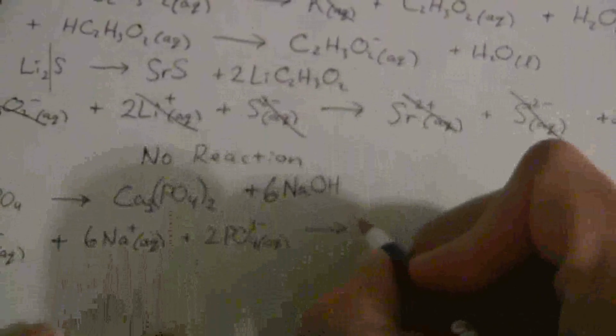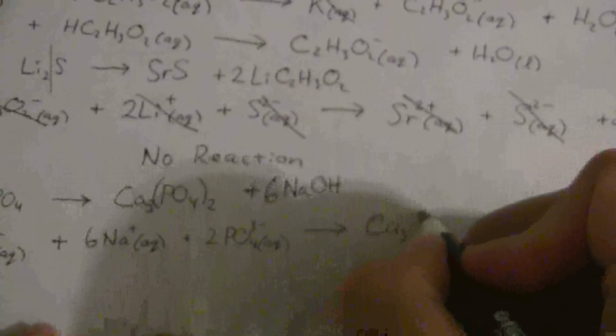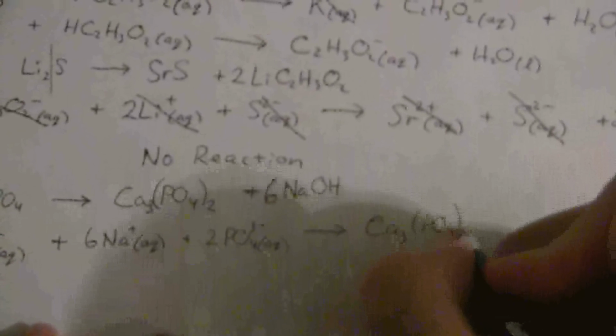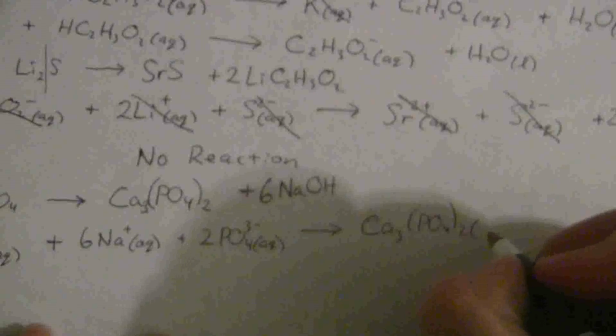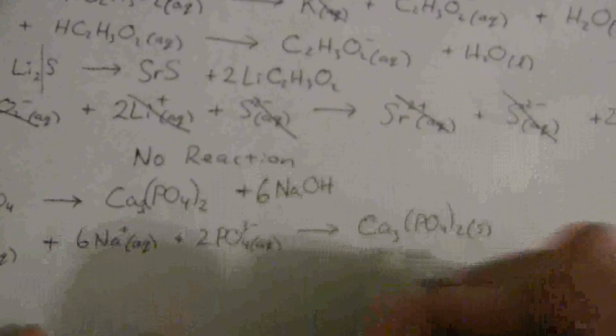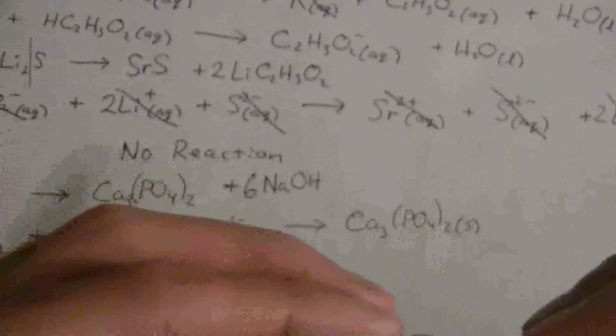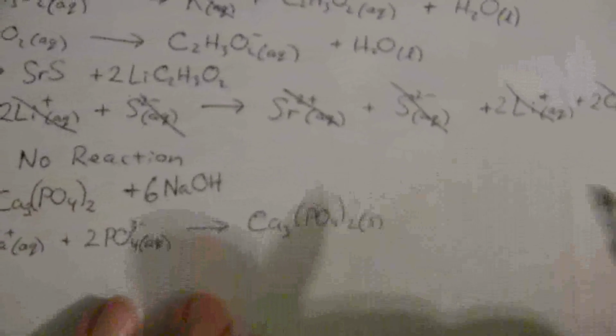It remains a solid. Okay, so I write it just the same, the way it appears when you actually do this. It stays as a solid. Those ions do not separate.